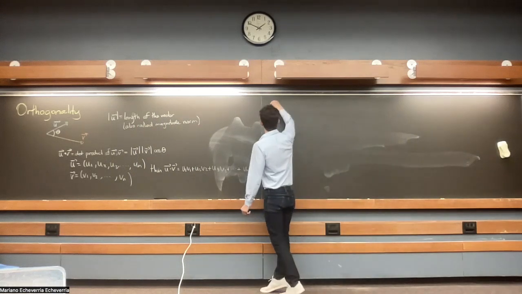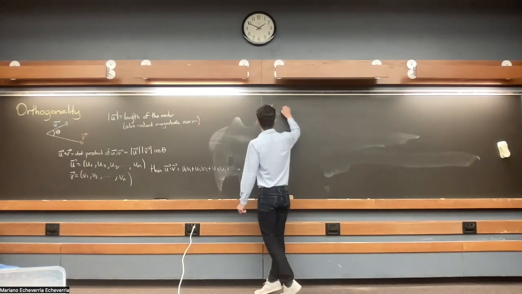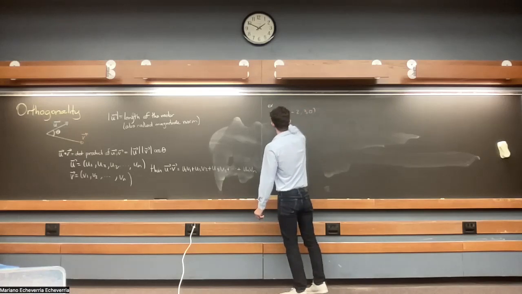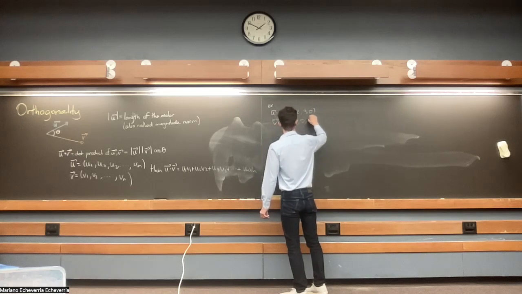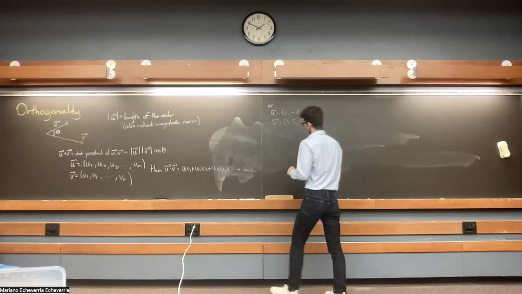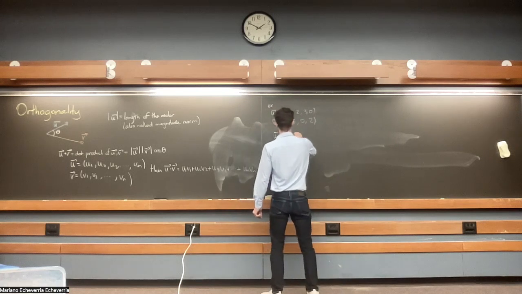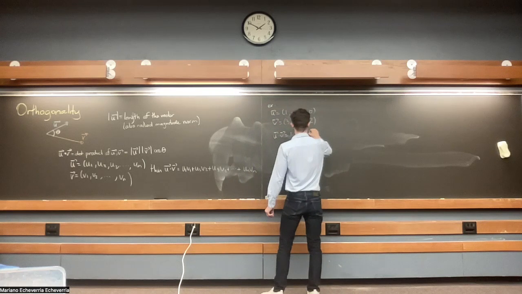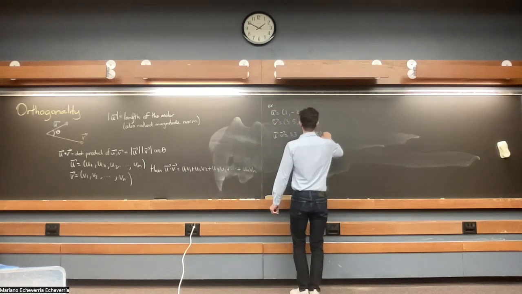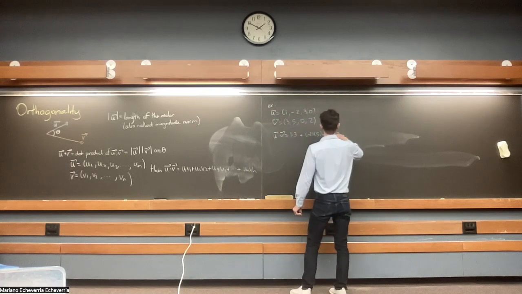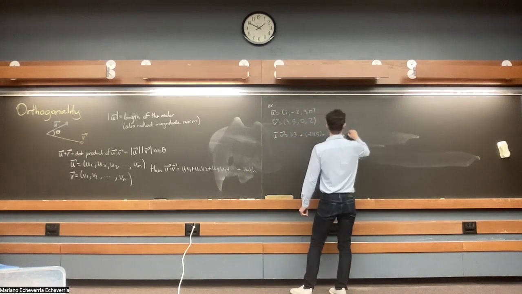Just to give you an example, with 4 entries: if u had been 1, -2, 3, 0, and v had been 3, 5, 0, 2, then the dot product would be 1 times 3 plus -2 times 5 plus 3 times 0 plus 0 times 2.